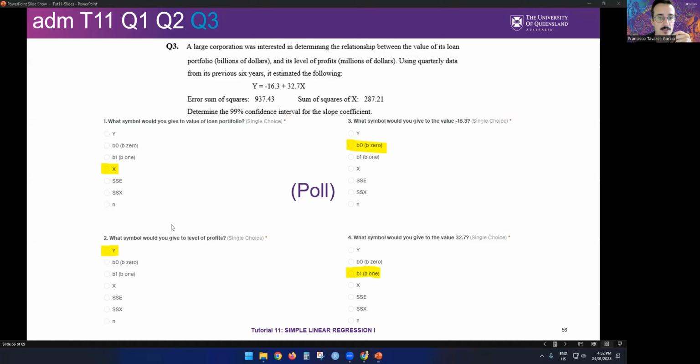So it makes more sense for our profits to be explained by the size of our portfolio than the other way around. So we have a portfolio of a lot of money, and that's how much it profits. So if it was very small, it wouldn't make sense to have very large profits.